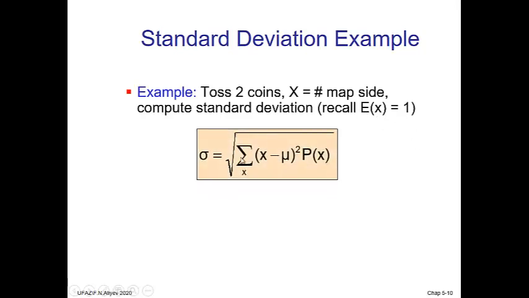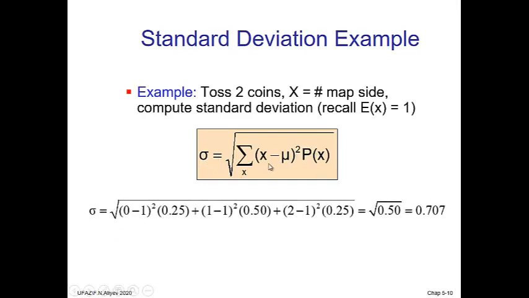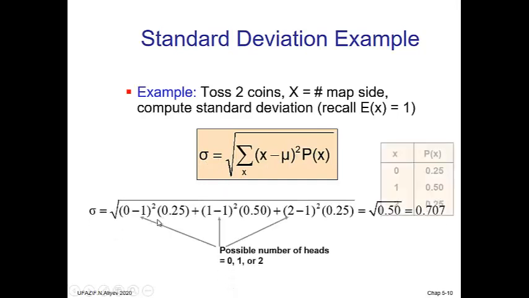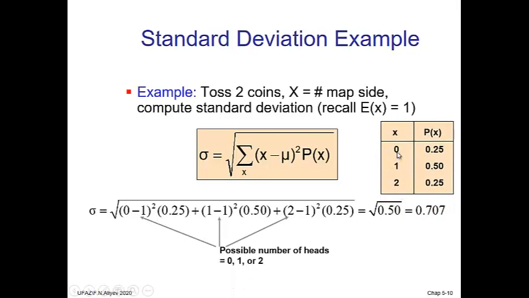We will use it here. And here is the formula for standard deviation. Let's calculate it using the table. From the first value of x, you subtract the expected value, find the square, multiply by the corresponding probability.